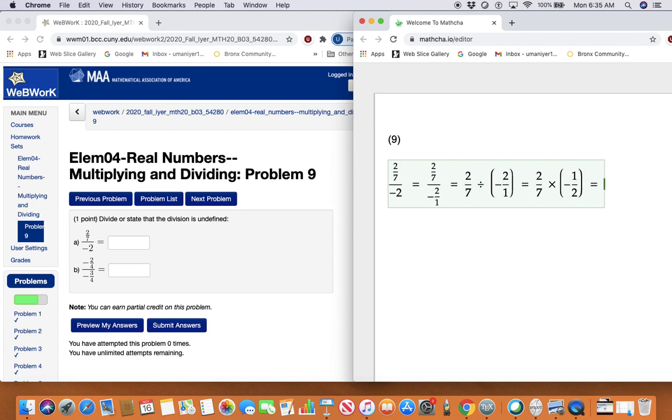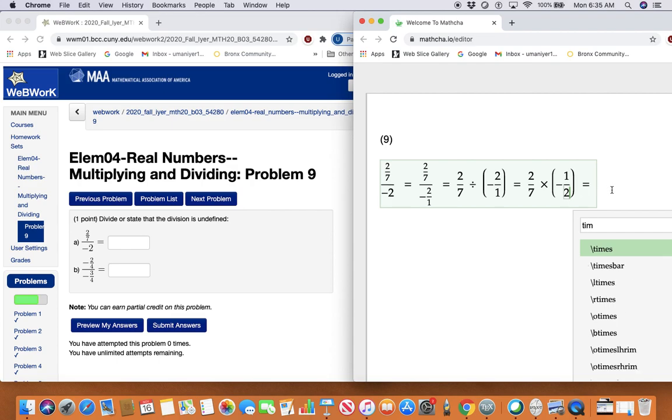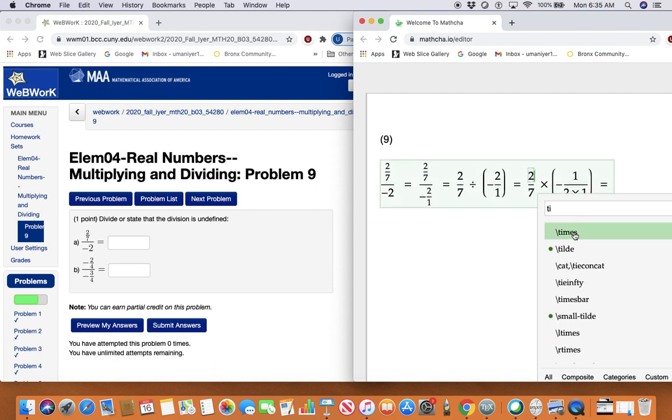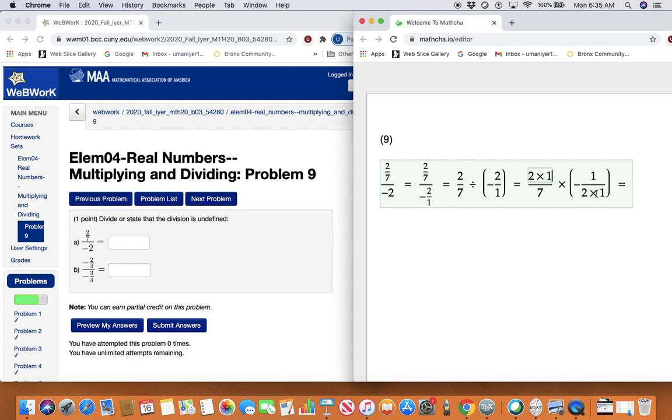Okay, so at this point, notice this 2 will cancel this 2. I write the 2 as 2 times 1. I write this 2 as 2 times 1. Then you notice 2 is a factor, so 2 goes away.